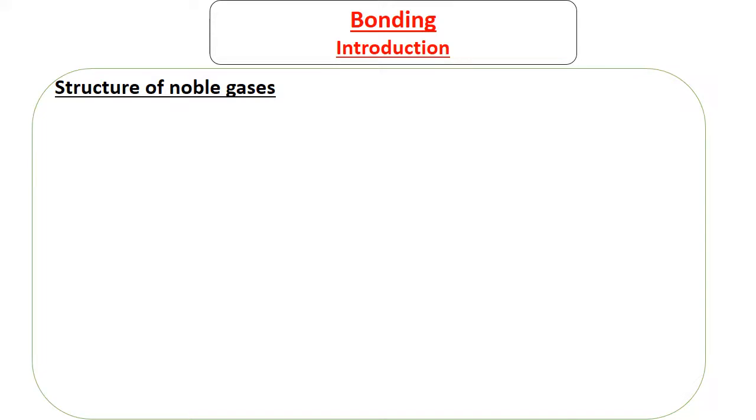So now let's understand stability. Stability can be deduced from the structure of noble gases. Noble gases are gases in the 8th group or group 0 of the periodic table.